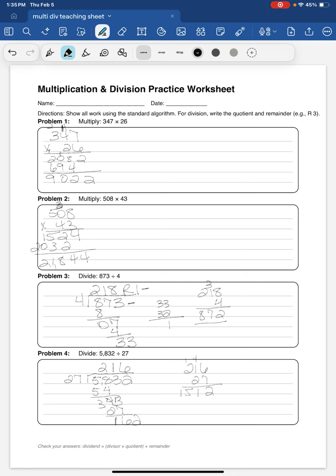Then you're going to have 2 times 6 is 12, carry your 1. 2 times 1 is 2, plus 1 is going to be 3, and 2 times 2 is 4. And so if you add that up, then you should get 5,832. And that means that you have done that correctly.